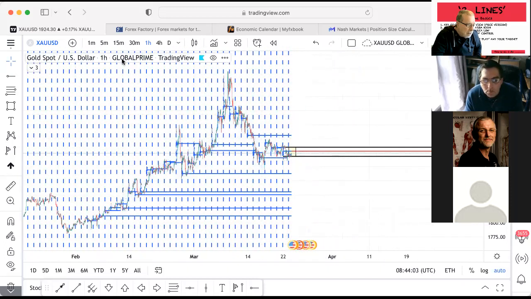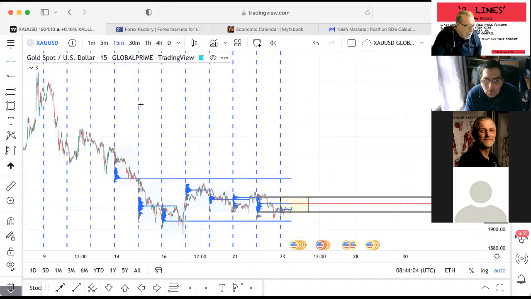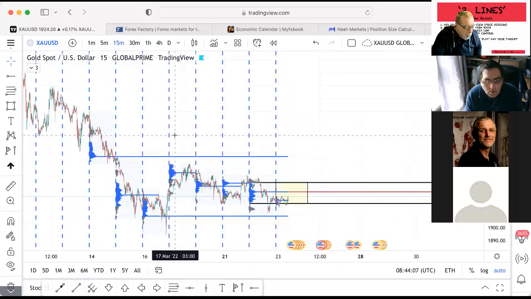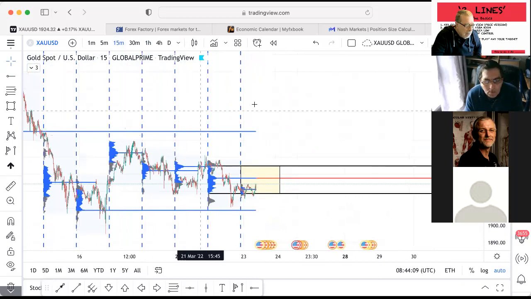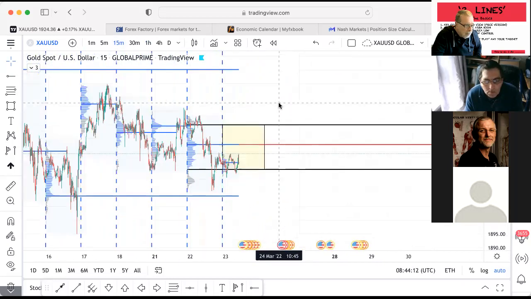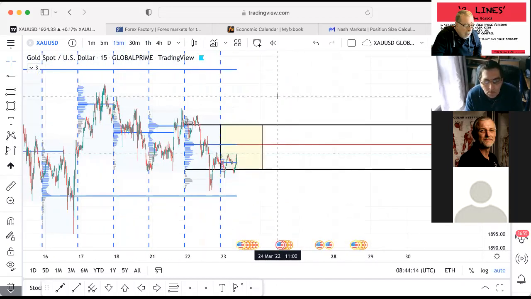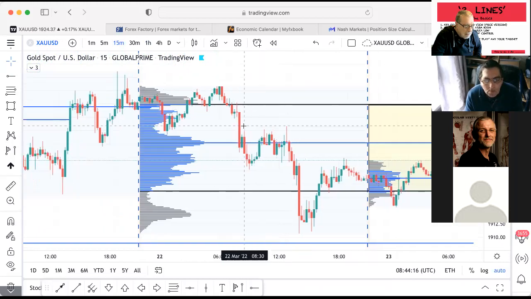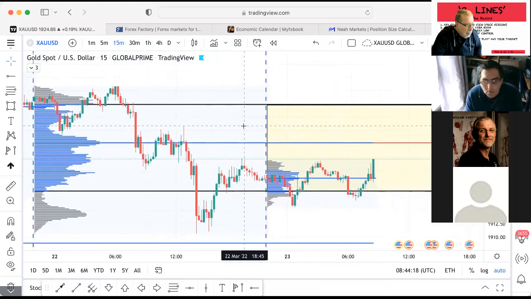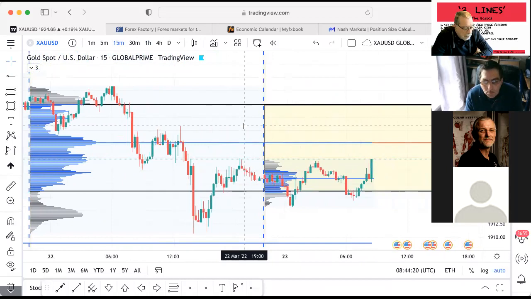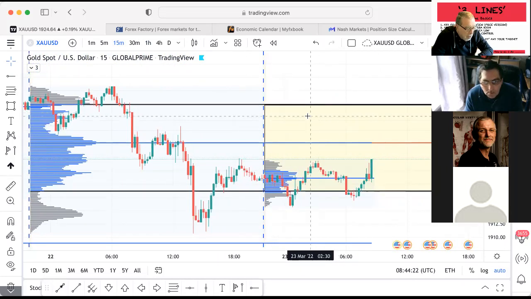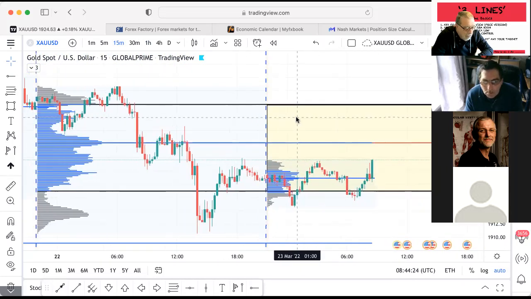So I'll move back to the 15-minute chart and try to get a clearer picture of what's happening today. Reset the chart. So we've got basically a naked chart there, apart from the volume profile.